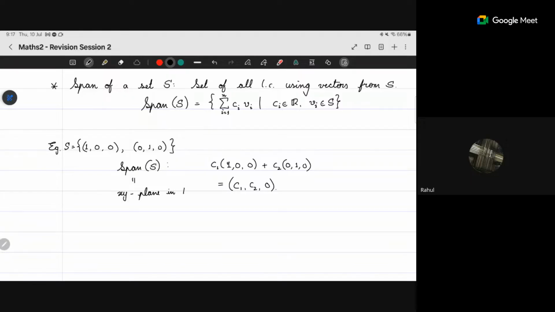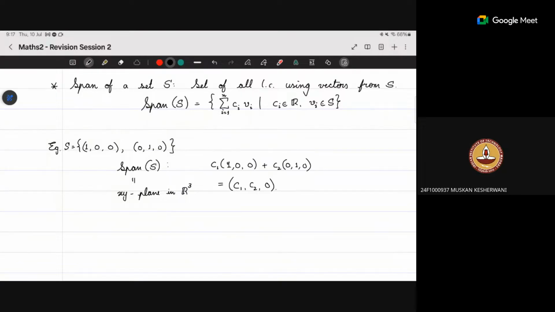Sir, can I add a vector that adds a z? Span means all possible values of any vector. You can take the vectors from your given set and multiply them by any scalar, any real number, and add them, take linear combinations. You do all possible, and the set of all vectors that you obtain this way is called the span.